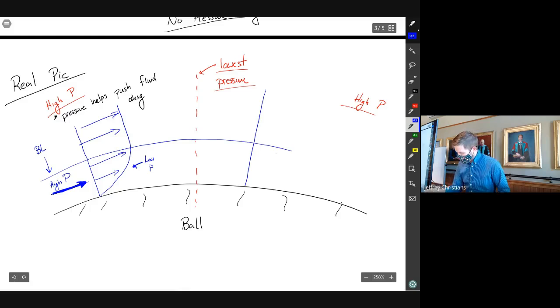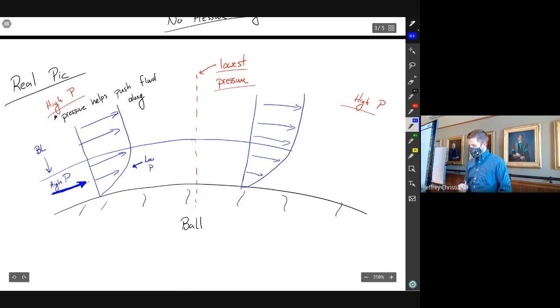So at this point in the flow, right, here's our fluid, but now we have a high pressure here at the front, and only low pressure here at the back.